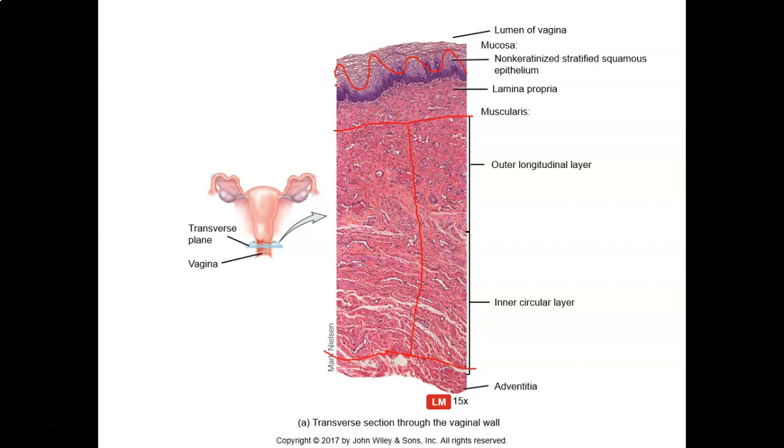Again, I'm not equating the vagina to skin, but the skin lines the external part of the body, and the vagina is internal, however it has a direct opening to the external environment. So it needs some of the same properties that our skin would have, hence the reason why you see it have non-keratinized stratified squamous epithelium.